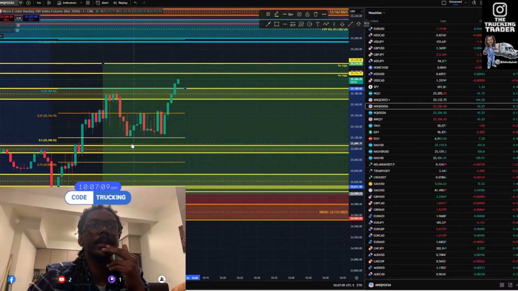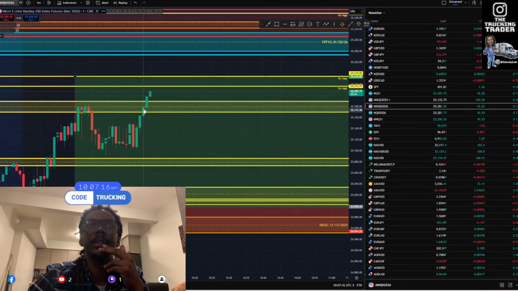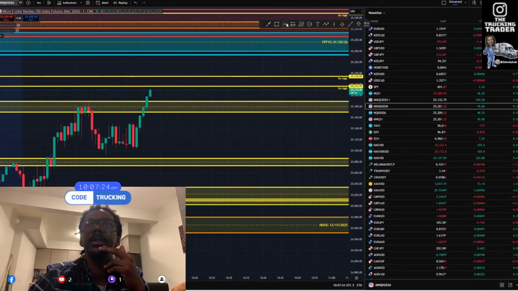We did see price come into a discount right here. Now it's continuing up, so that's letting us know that it's very bullish to at least sweep this liquidity right there. And I probably was asking for a little bit too much for this pullback.